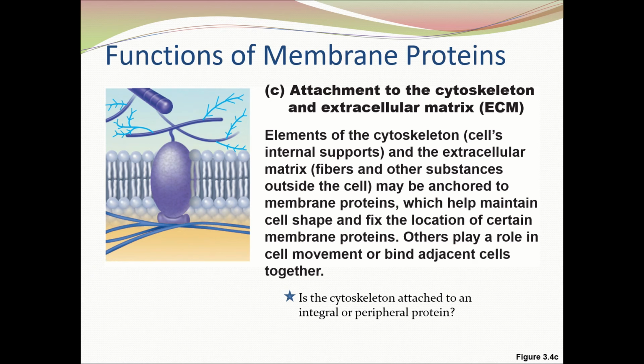Another function is attachment of a skeleton inside or outside the cell. On the outside of the cell, the extracellular matrix will be proteins like collagen. Collagen is actually the most abundant protein in our bodies, and it binds all the organs and tissues of our bodies together.